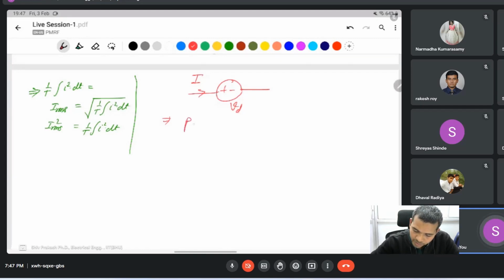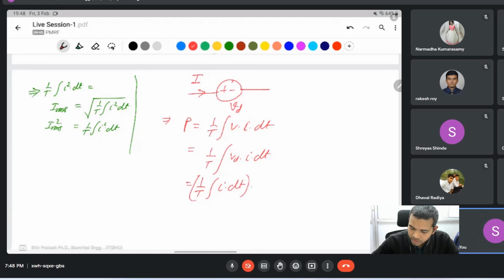Then you find the power. Power is the same formula, V into I into dt. Here VD is a constant voltage drop, so replace the voltage with VD. 1 by t integration, VD is a constant, take it outside, of I into dt.